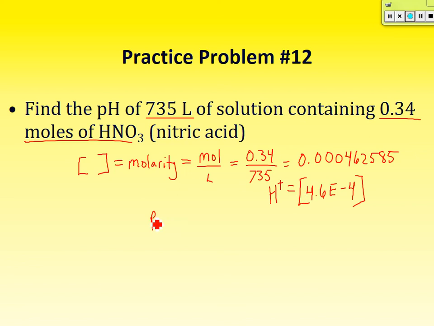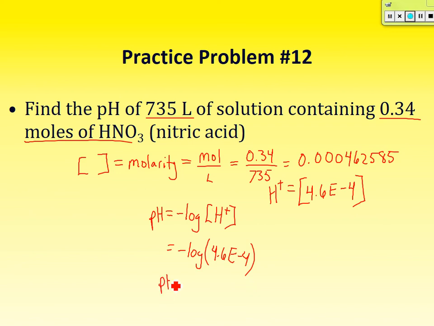So now when we calculate the pH, it's equal to the negative logarithm of the H plus concentration. So let's take that and plug in the negative log of 4.6 times 10 to the minus 4. You grab a calculator, the negative log of 4.6 times 10 to the minus 4.